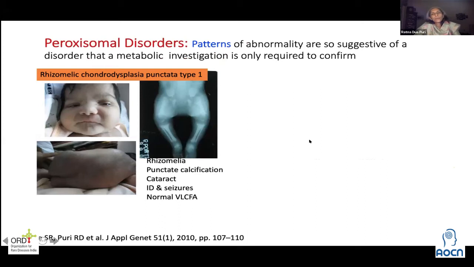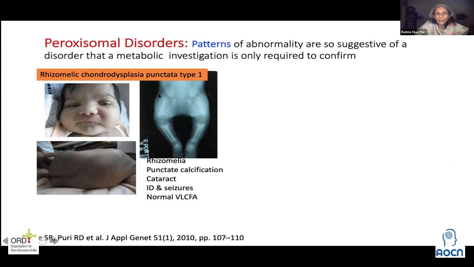Then there are some disorders which are identified through patterns. It is a pattern which tells us this is the disorder, and we do the specific metabolic investigation that is required to confirm that pattern diagnosis. An example of this is rhizomelic chondrodysplasia punctata.